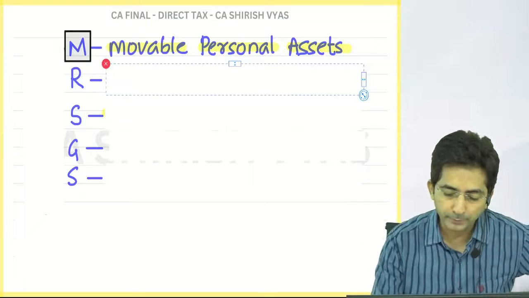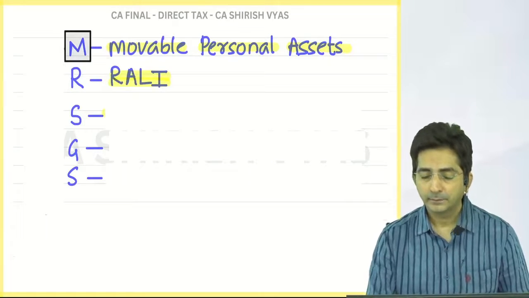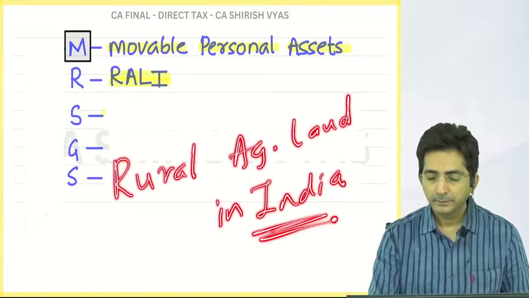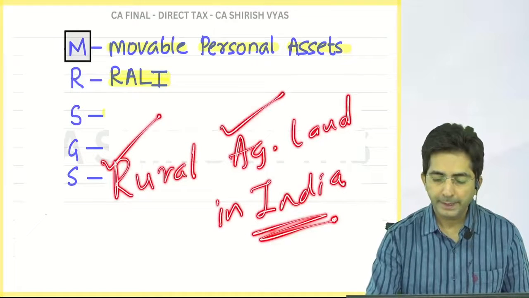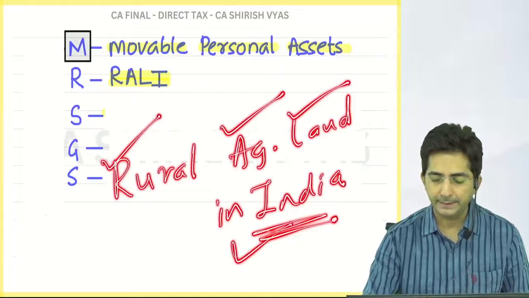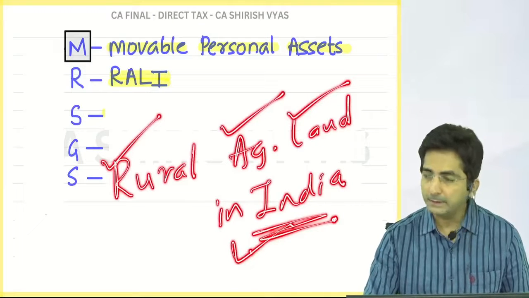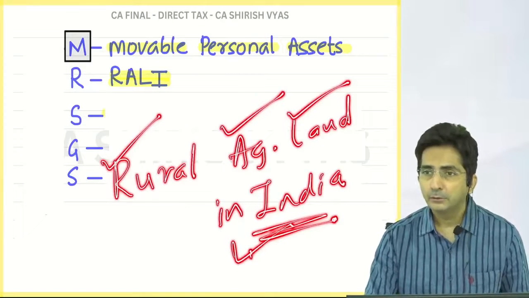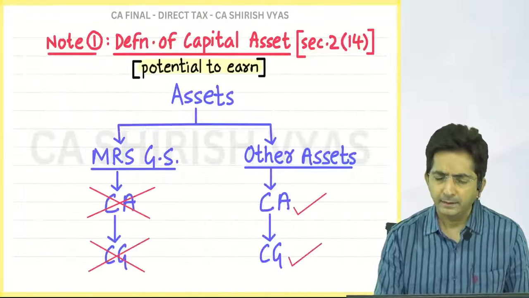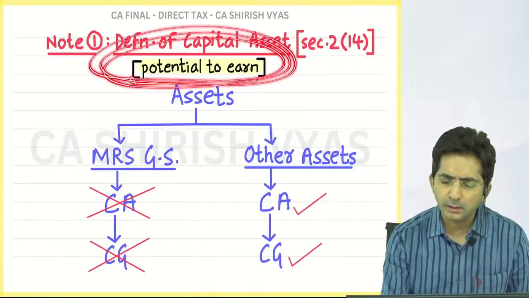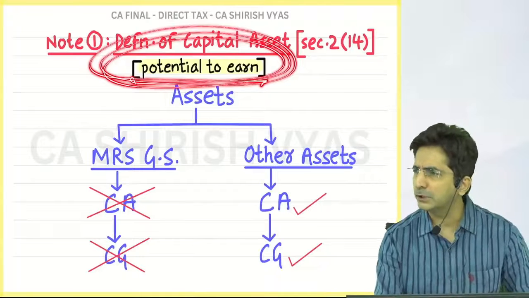Then the next point, rural agricultural land in India. So tell me, it is agricultural land. What is your opinion about land? Does land have the potential to earn? Super potential.